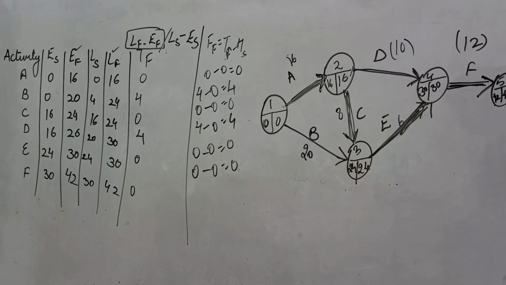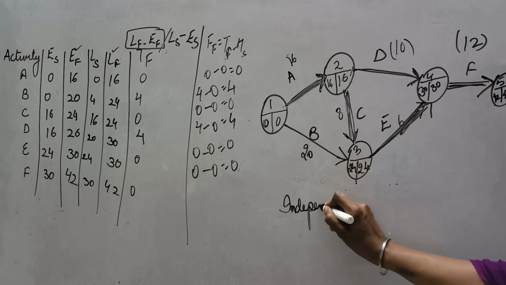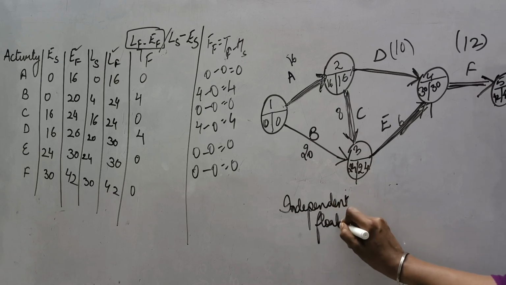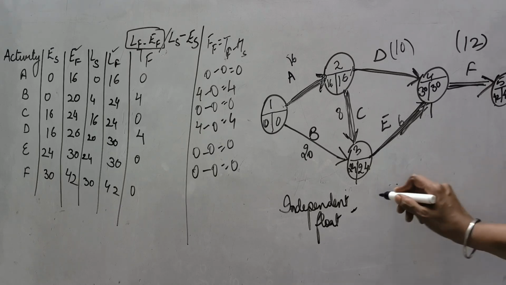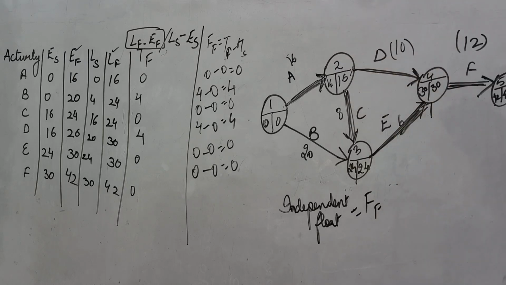Another thing that may be asked in the questions is independent float. The formula to calculate independent float is the free float that we calculated just now minus tail slack. Head and tail, you already know what they are, so we can calculate that as well.